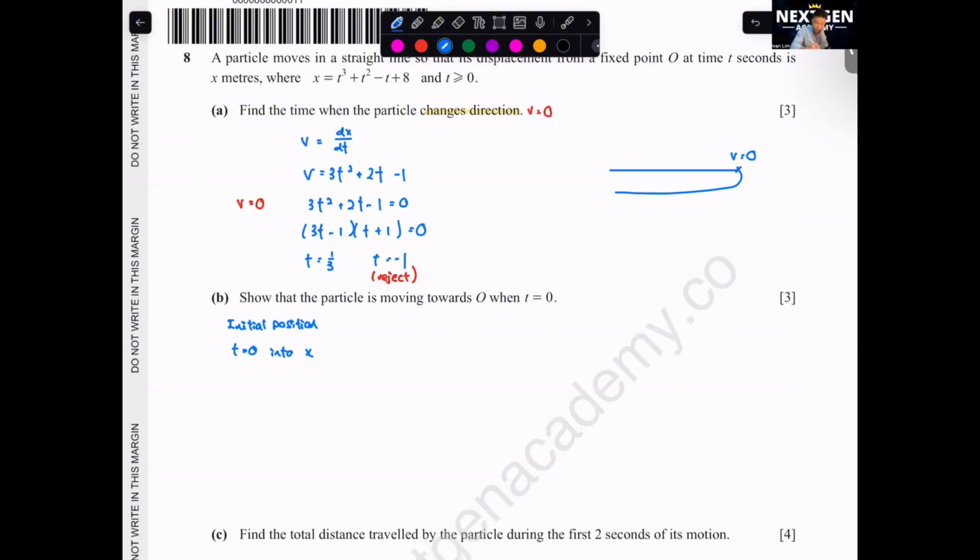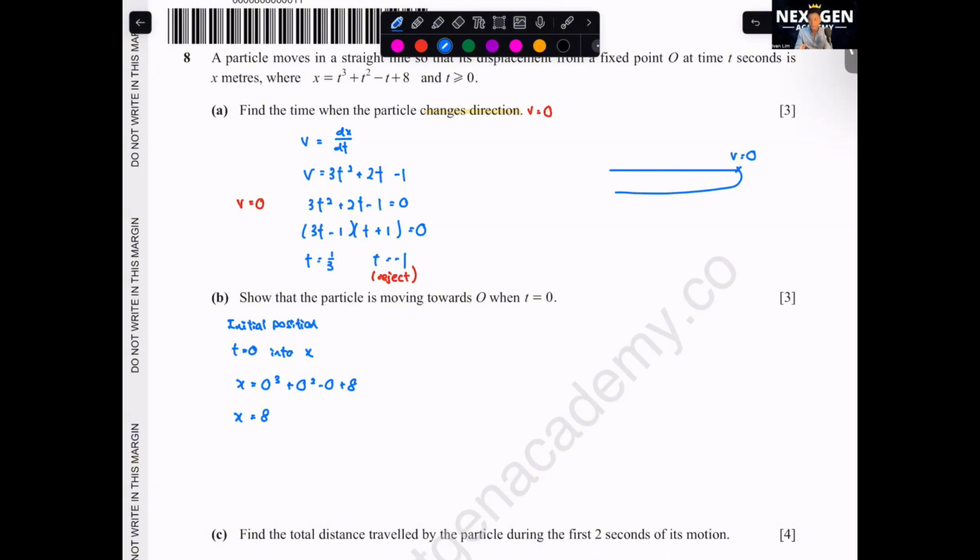Okay, t equals to 0. So you look over here, when we substitute into the equation, x equals to 0 cubed plus 0 square minus 0 plus 8. How come there's a value over here? What does this x equals to 8 mean? It means at time 0, the starting position of the particle is 8. Let's assume it's meters in the question.